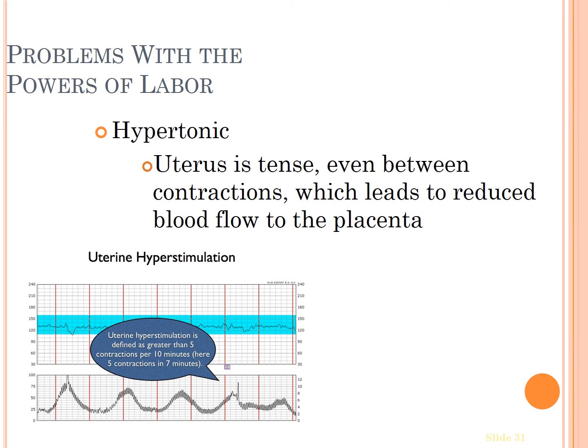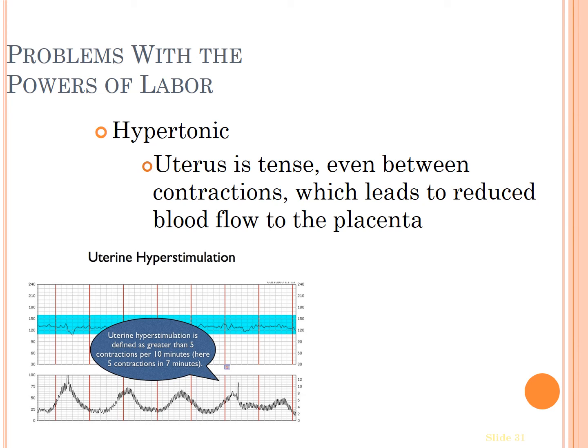Okay. Also with hypertonic, believe it or not, this occurs many times during the latent phase of labor. And remember, you need to review the different stages of labor and the different phases of labor. During the latent phase, they are typically dilated from 1 to 4.